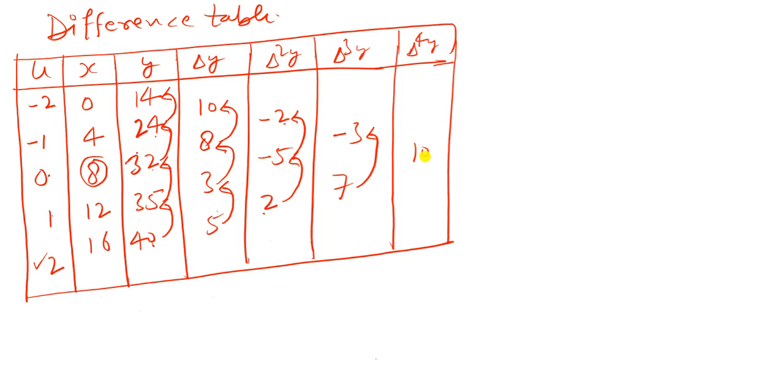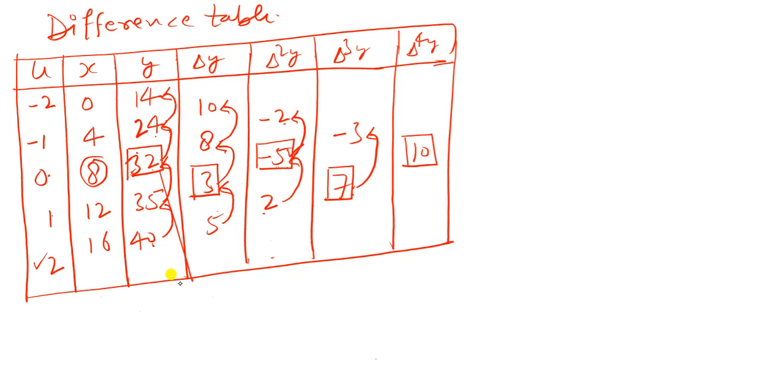So this value is denoted by y0, this is del y0, and this value is del 2 y minus 1. In the third column, that is del cube of y column, 7 is the del cube of y minus 1, and 10 is the del 4 of y minus 2.